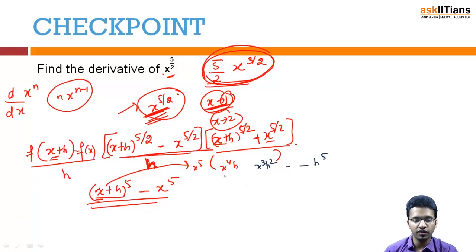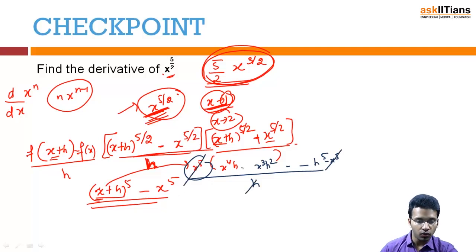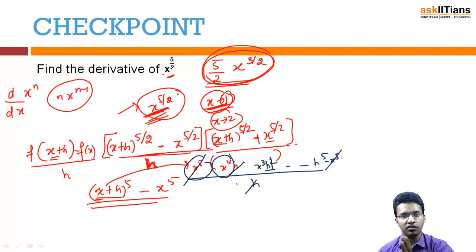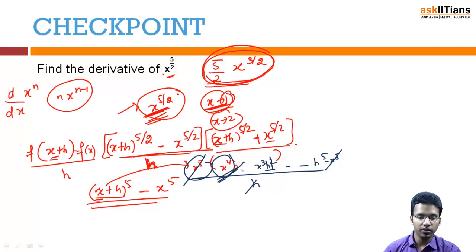Now our concern is that we want to cancel h. In all the terms except the first there is one h. So minus x raised to power 5 will cancel the first term, and the only term that matters is the one with a single h, because all the other terms will have higher powers of h, and those will make it 0.